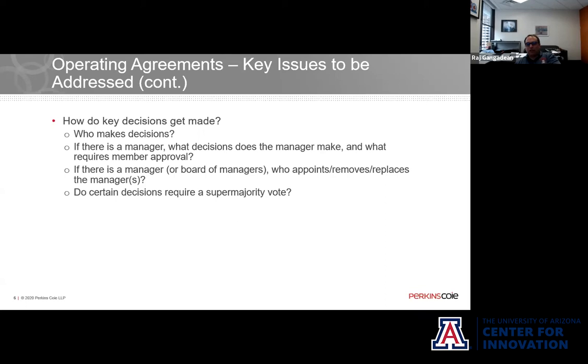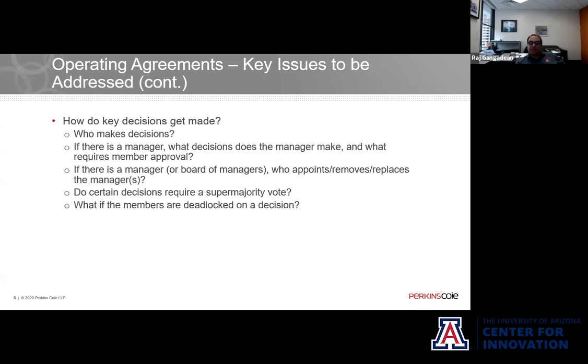But if you require a supermajority or unanimous vote, it can sometimes be very difficult to get that if you have a number of members. So that's something you want to think about when you're setting up your LLC. Who's going to have authority to make what decisions, and what level of approvals do you need in order to make those decisions?